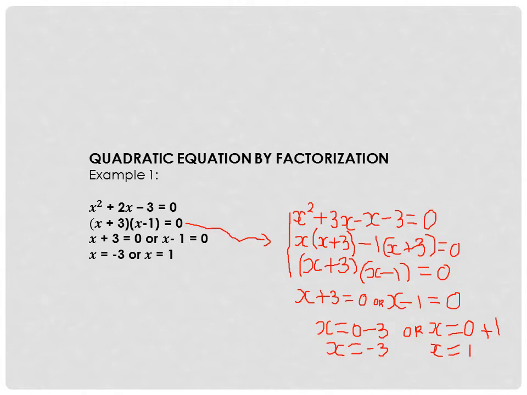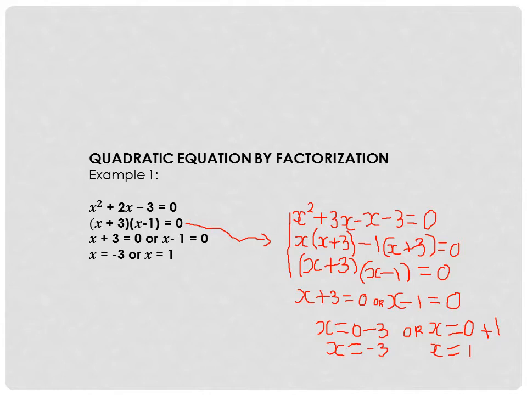So the two numbers are 3 and -1, because 3 times -1 will give us -3, and 3 minus 1 will give us 2.